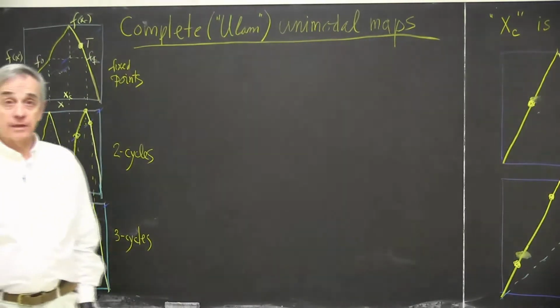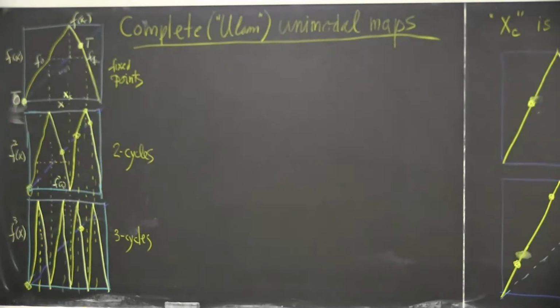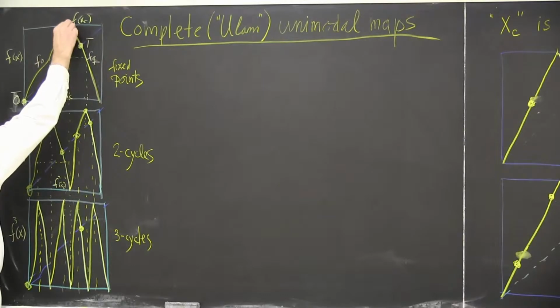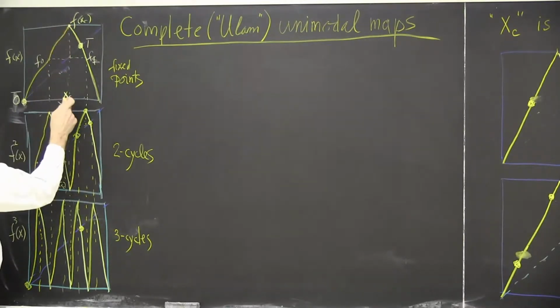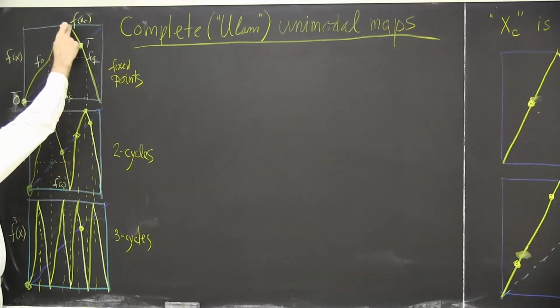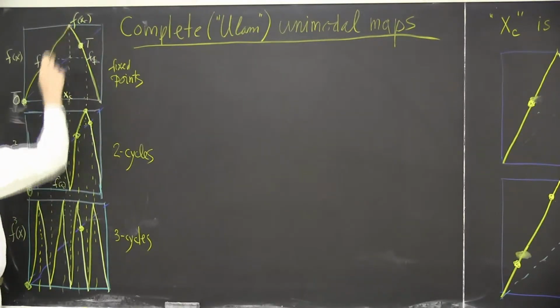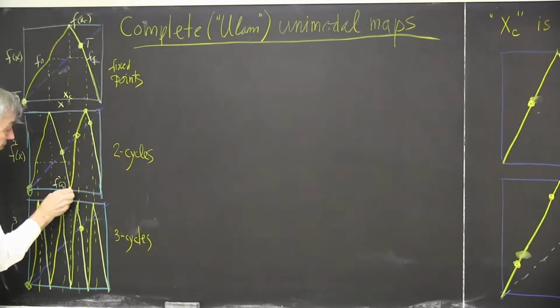What about periodic points? One way to understand periodic points is to look at the second iterate of the map. What happens with the second iterate of the map? This critical point, its value is 1, but the value of the map at 1 is 0. That means that the critical point in two iterations maps to 0.